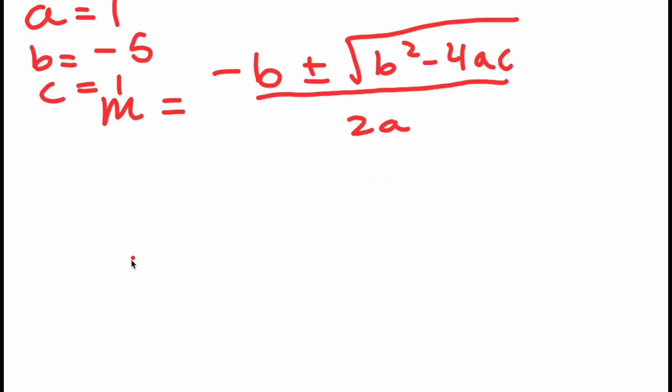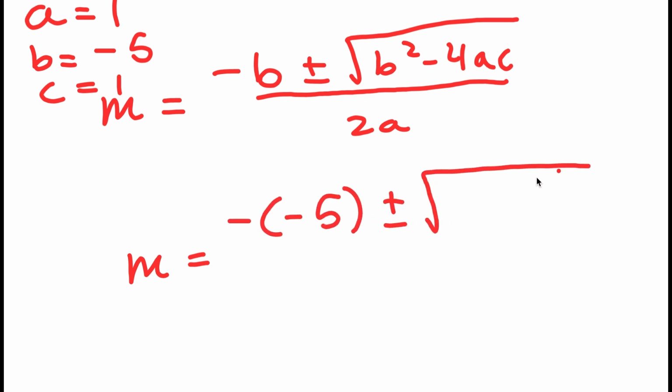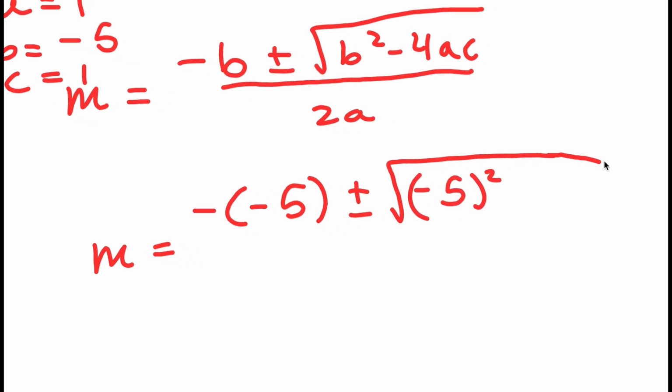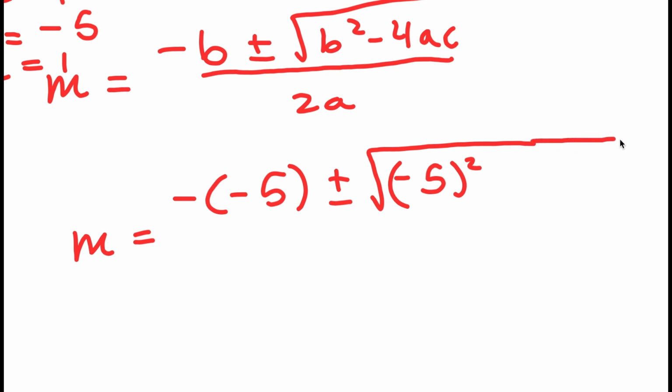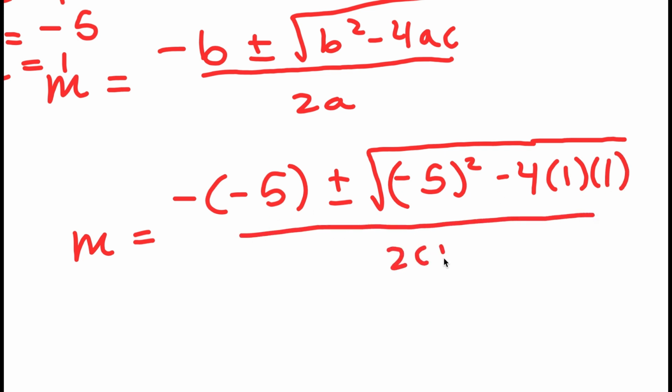So I have m is equal to negative of negative 5 plus or minus the square root of negative 5 squared minus 4 times 1 times 1 all over 2 times 1.